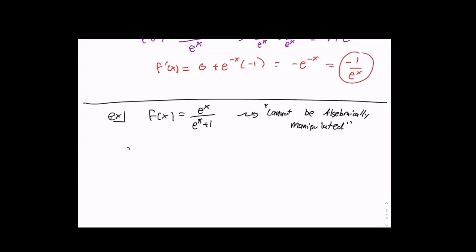So f prime of x, this is still the quotient rule, u and v, u prime v minus v prime u over v squared. So what is the derivative?